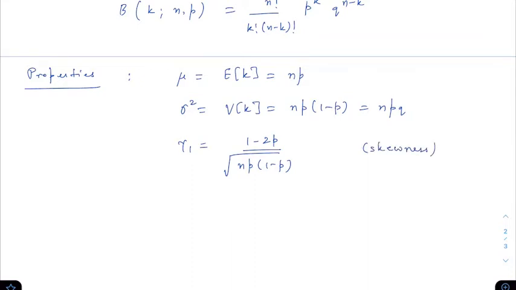And similarly, kurtosis. And lastly we can also define the characteristic function.